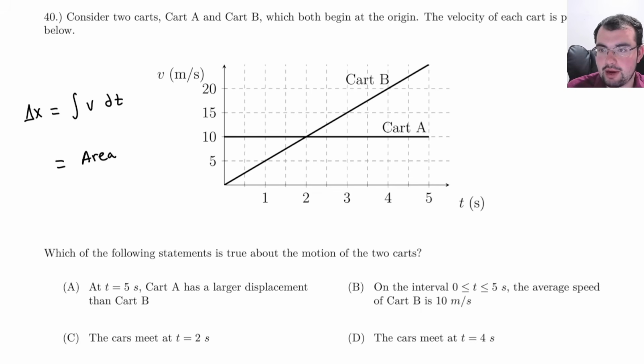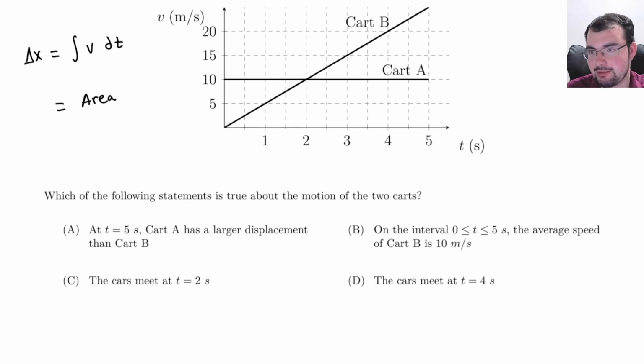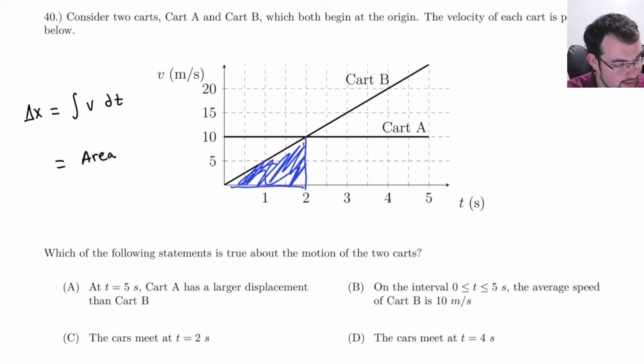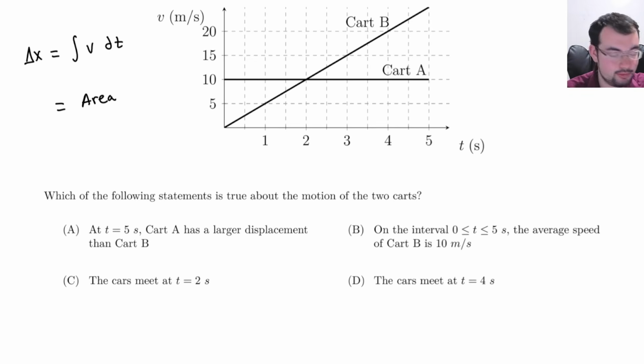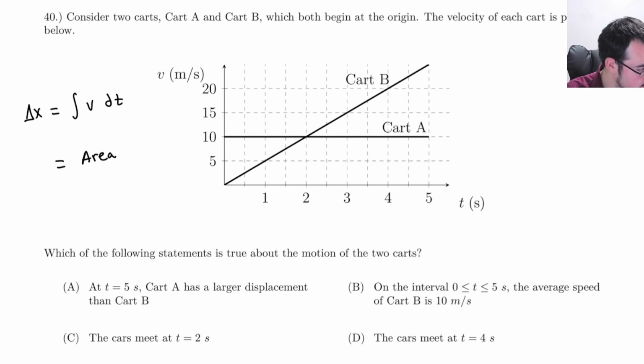So if we look at what happened at these various times that we're claiming they meet at, let's see if the areas match. At t equals 2, this triangle area, which is cart B's displacement, is clearly less than cart A's displacement, because cart A absorbs even extra. So it's definitely not C. They also claim one of the meeting points could be t equals 4, so we can check that one.